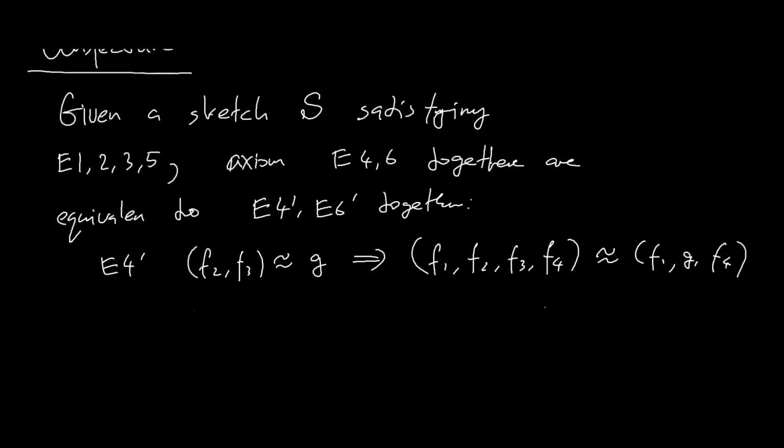I'm assuming it is, and then the equivalence must hold. So basically, it's the congruence axiom, but I've simplified it, right? I don't need to have this to be of arbitrary length. I could just have it to be of length 4. And then the thing I'm replacing with an equivalent path doesn't have to be of arbitrary length either. It can just be of length 2.